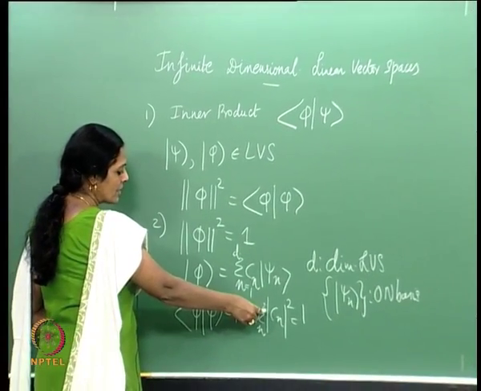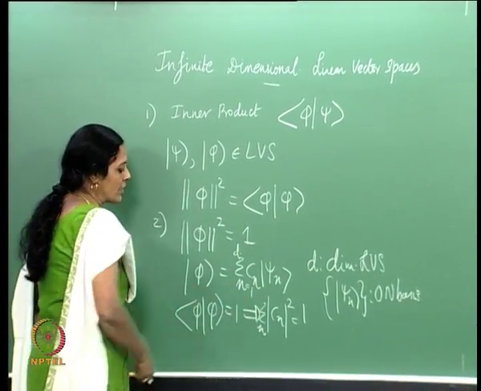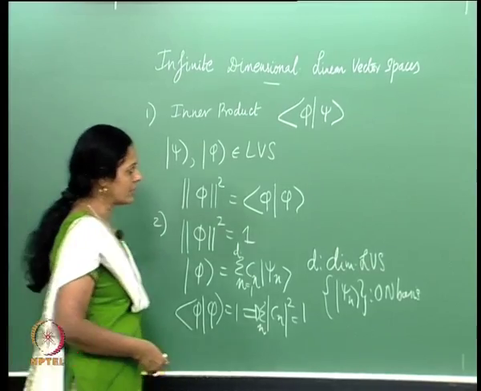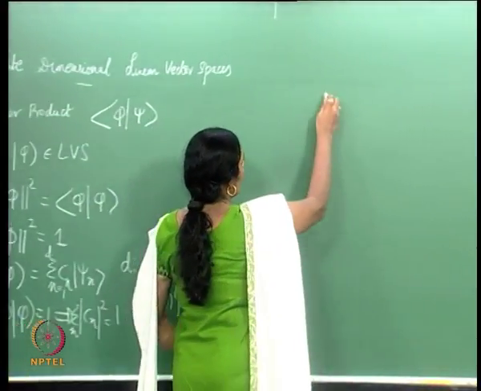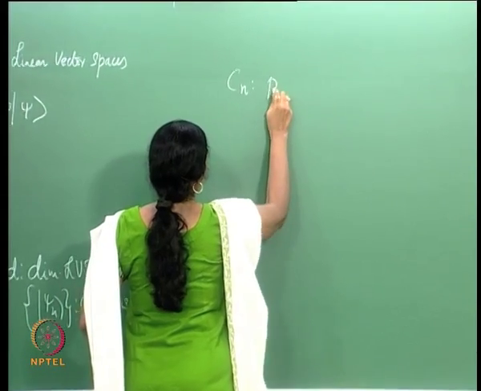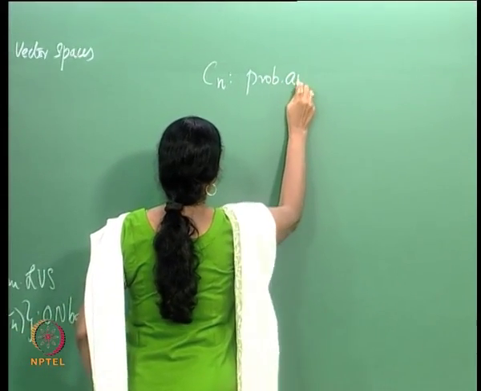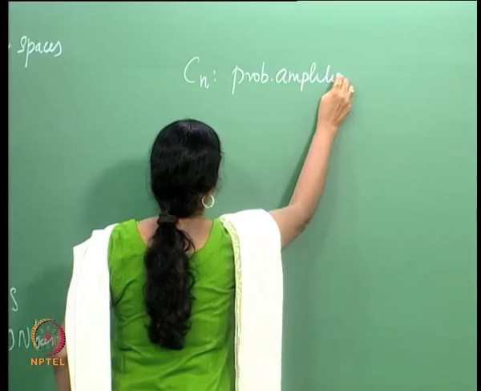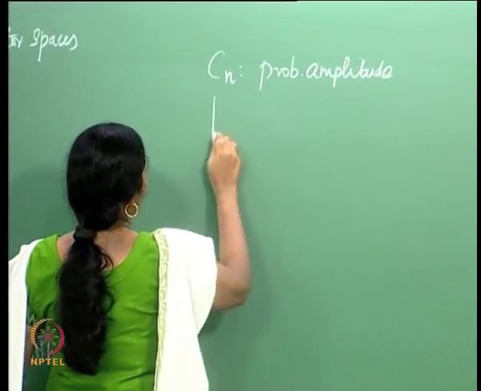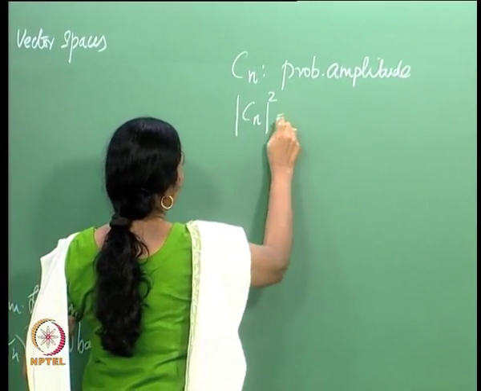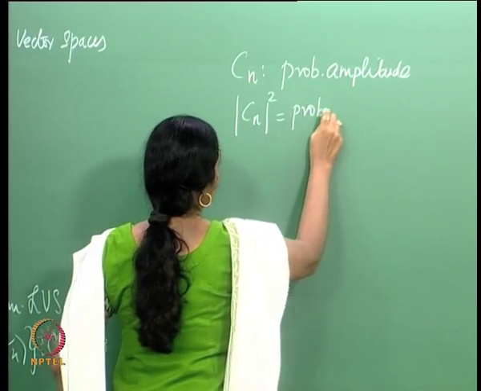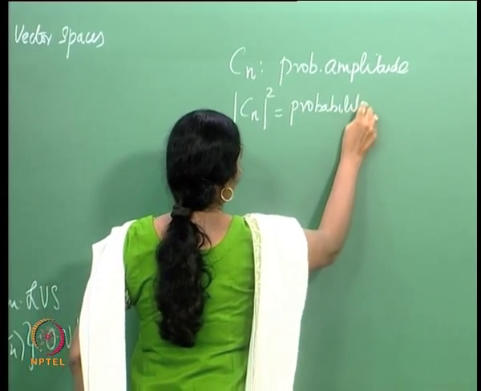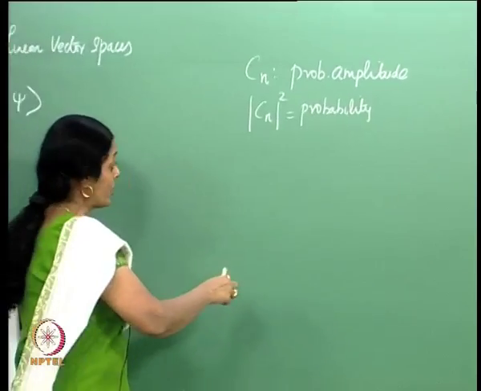This helps us give the probabilistic interpretation of quantum mechanics, because I would now interpret Cn as the probability amplitude and mod Cn squared, for a given n, as the probability of what?